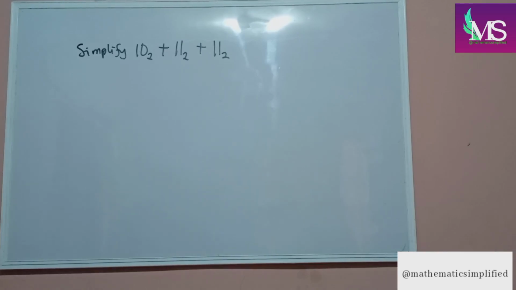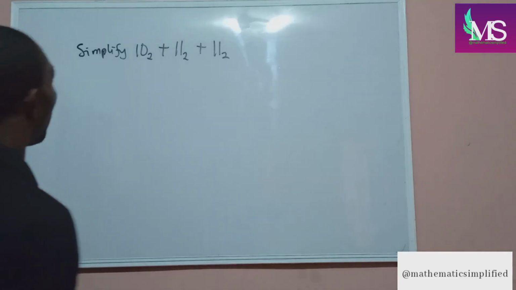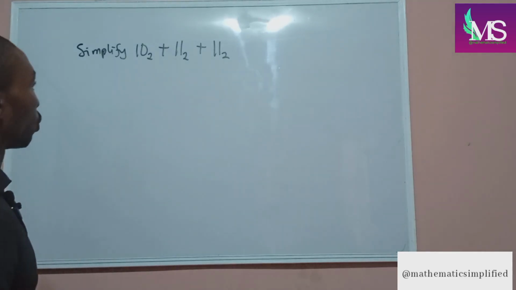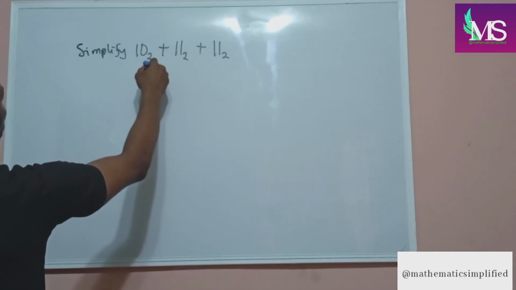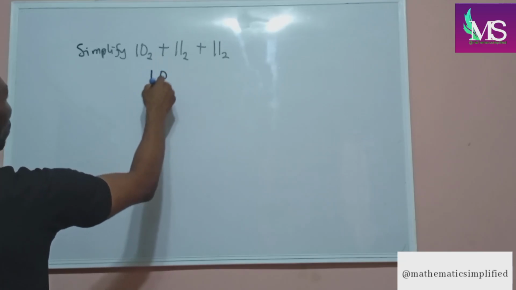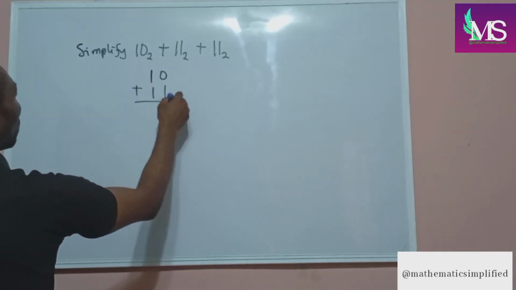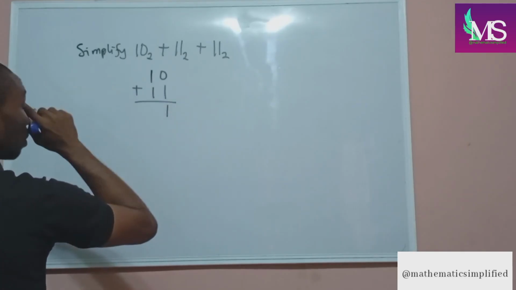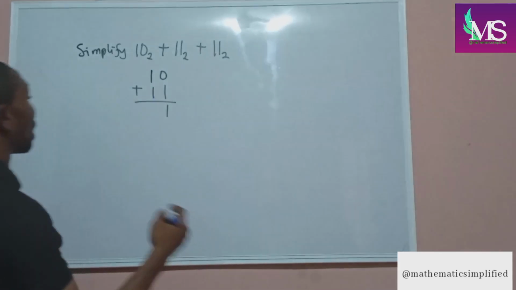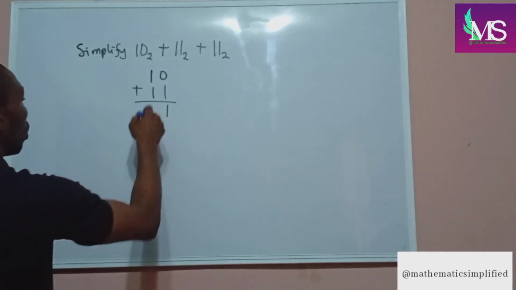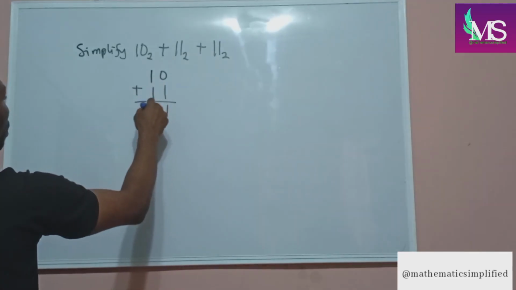The next one says simplify 10 base 2 plus 11 base 2 plus 11 base 2. Now, since they are all addition, we can do 1, 0, 1, 1 plus 0 plus 1, 1. Okay, 1 plus 1 is 2, but in base 2 we can't have 2, so that will become 10.